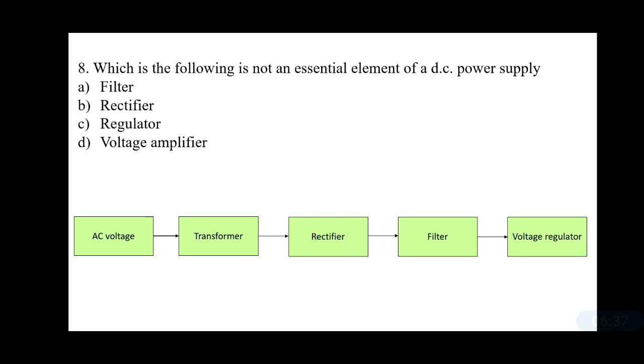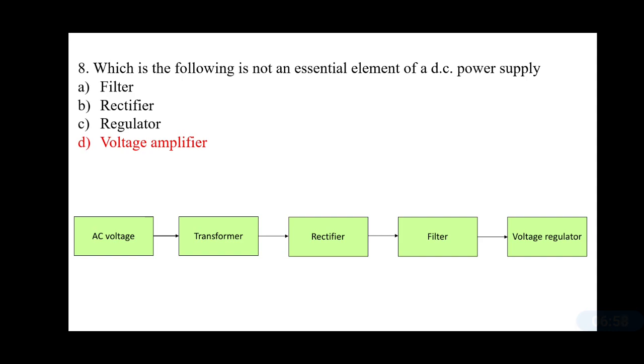Next, the filter removes the AC component, and then the voltage regulator. Among the options, the voltage amplifier is not included in this block diagram. The correct option is D, voltage amplifier.